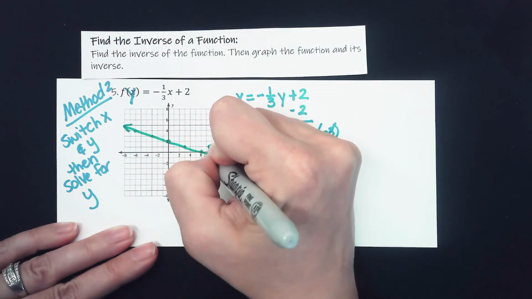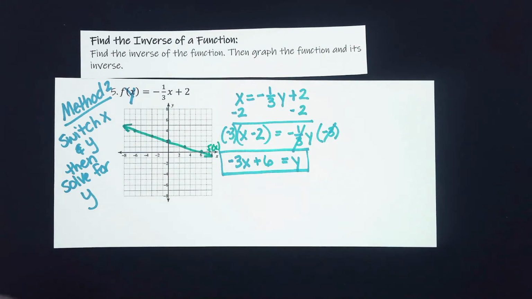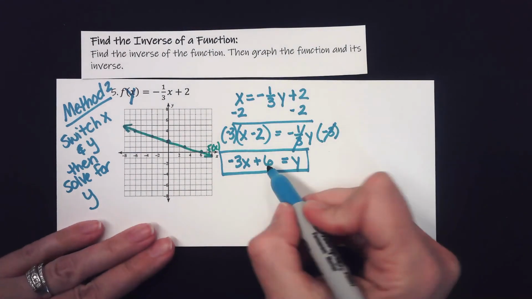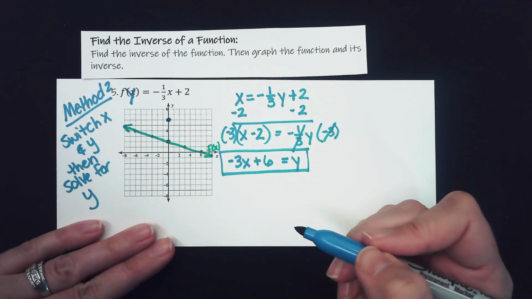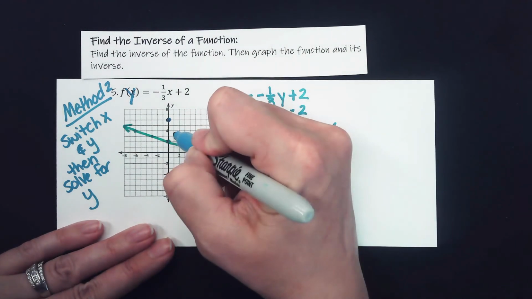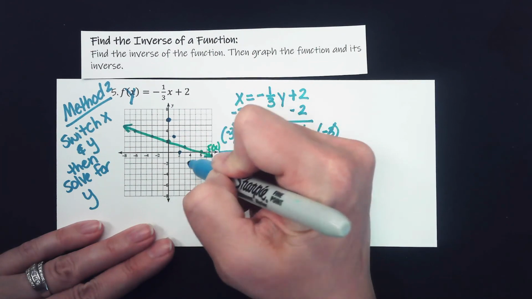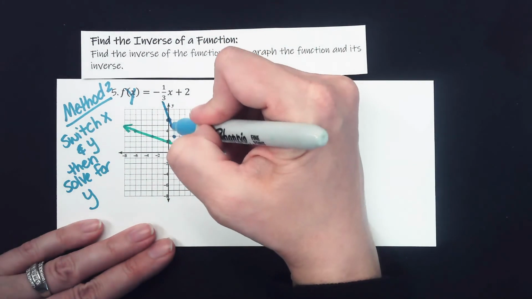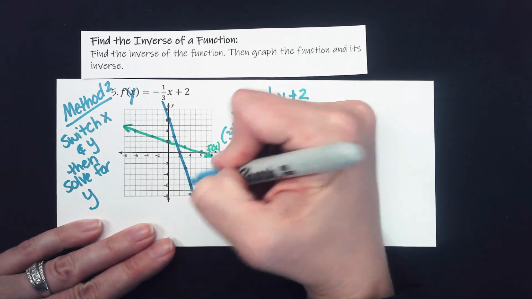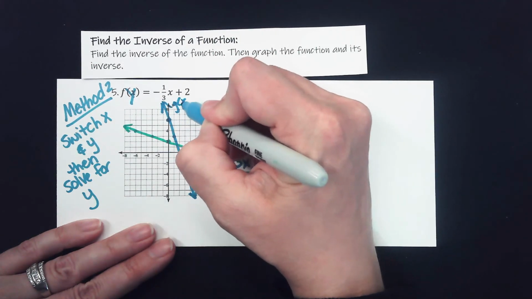Okay, so that's f of x. Then g of x has a y-intercept at 6 and a slope of negative 3 over 1. So it looks like this. That is g of x.